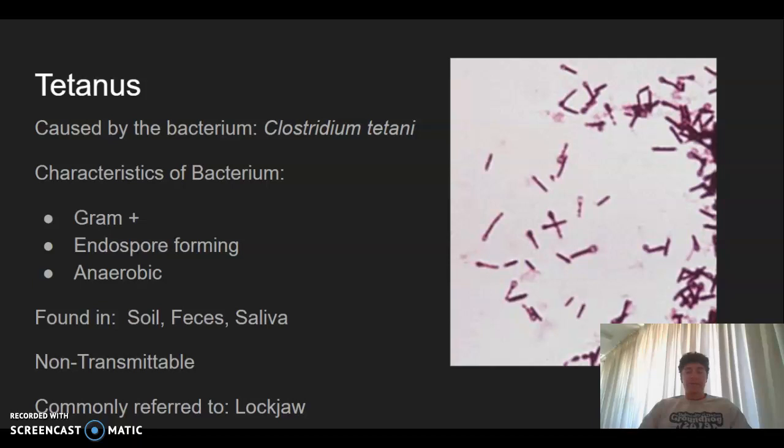If that rusty nail happens to be in a lot of soil, then it could potentially carry Clostridium tetani from being in contact with the soil. Tetanus is a non-transmittable disease and is commonly referred to as lockjaw.